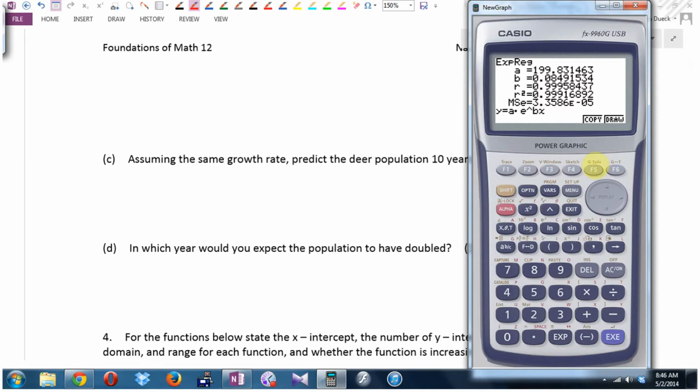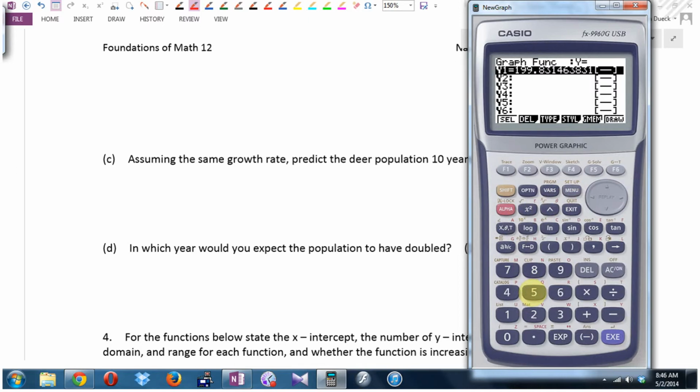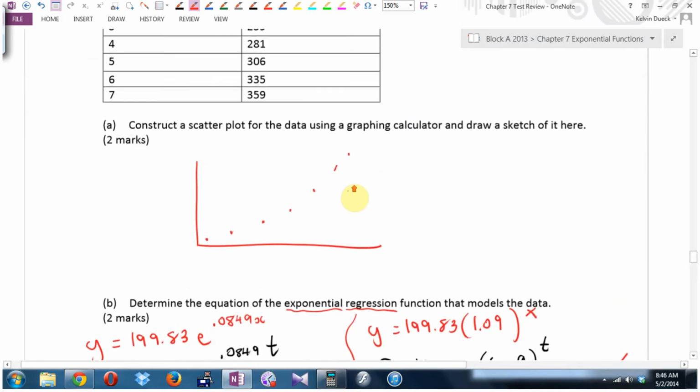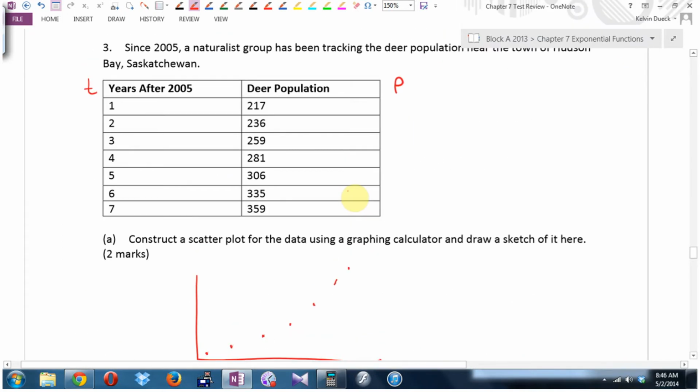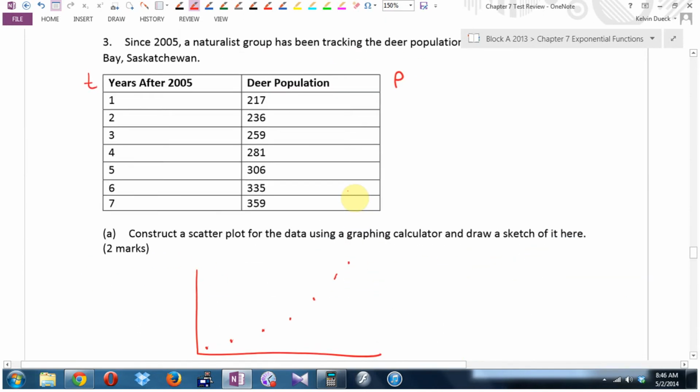So now I'm going to copy my equation, and I'm going to go to the graph menu. I'm going to activate that equation. Ha! I remembered finally. 10 years, is that an x value or is that a y value?